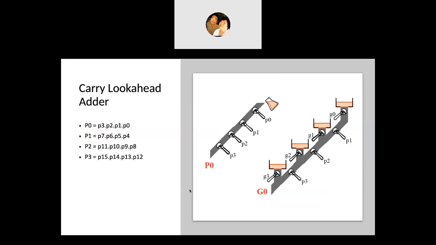Or simply, if you look at the plumbing system here, all the gates here must be open. If one of them is closed, or if one of them is 0, P0 will be 0. This is why we call this term propagate. We have to propagate it from this point to this, and that.